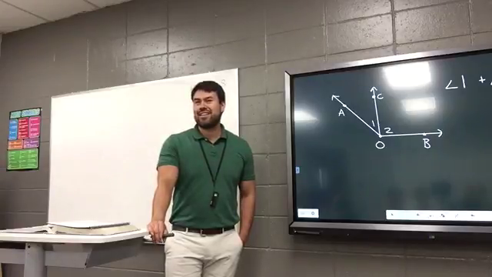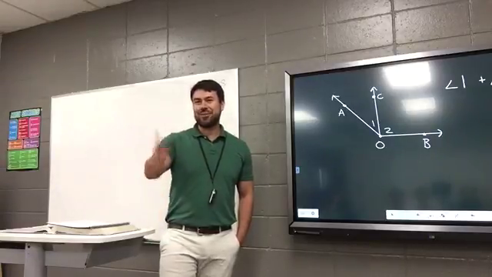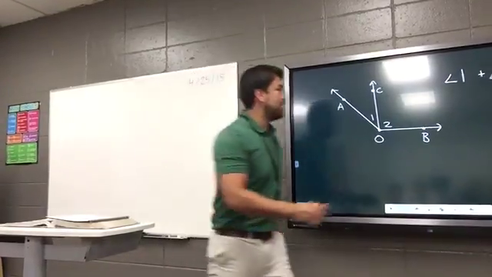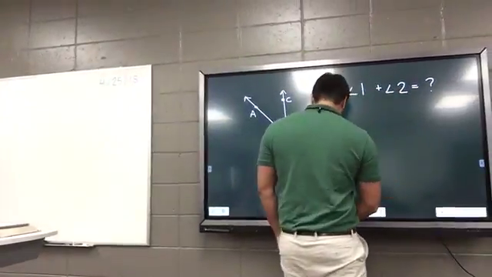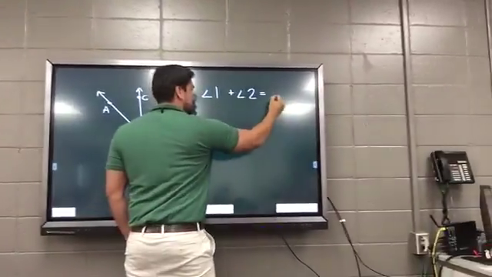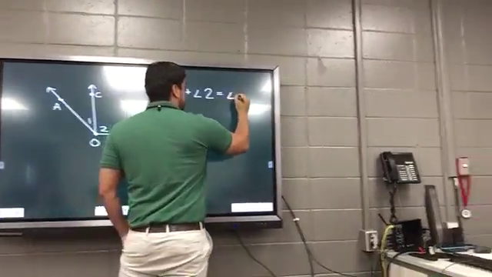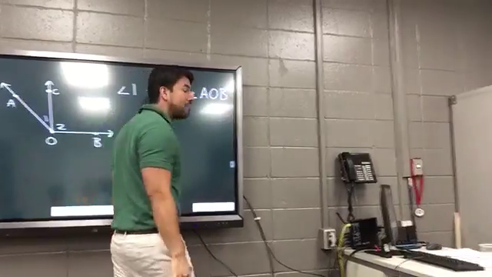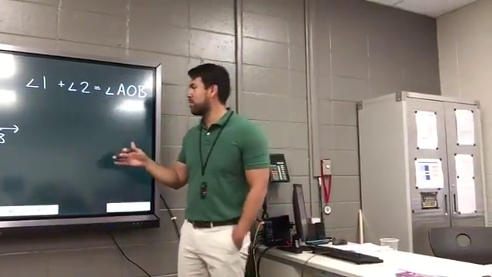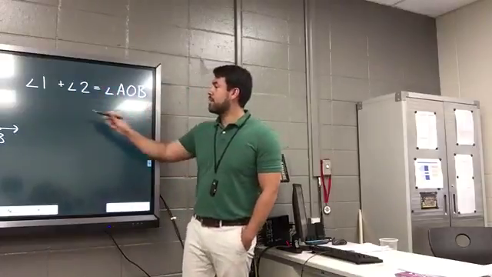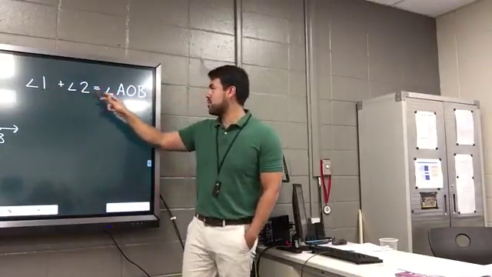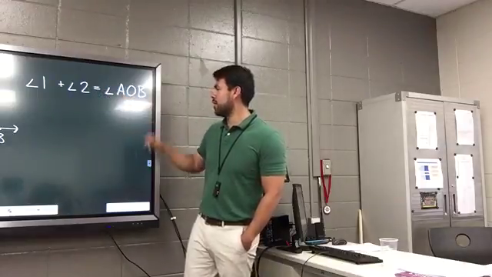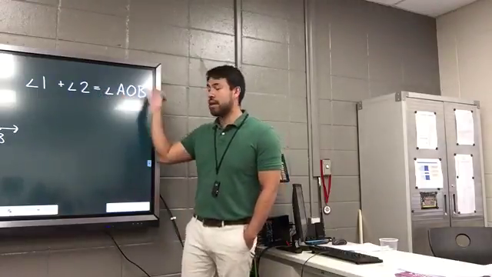Angle AOB. Okay? Angle 1 plus angle 2 equals angle AOB. I don't have a 3 up there, so I can't just make it up. But are you guys okay that angle 1 plus angle 2 is, and really we would say is congruent to angle AOB? But anyway, that's what we have.